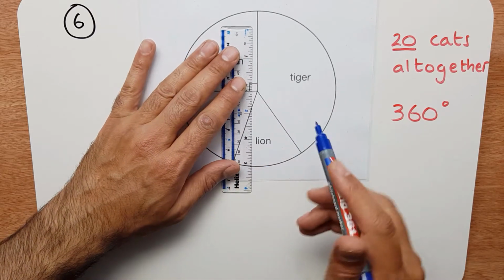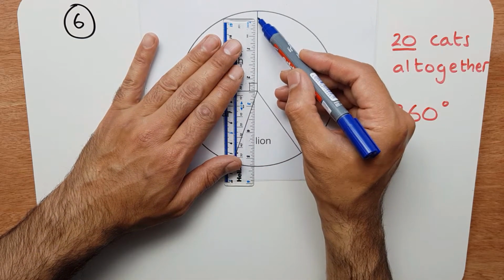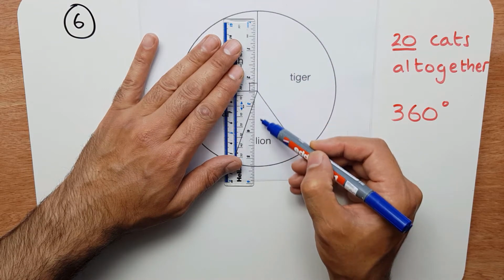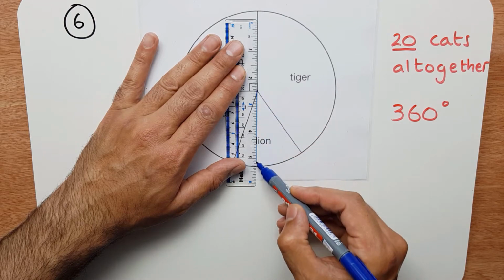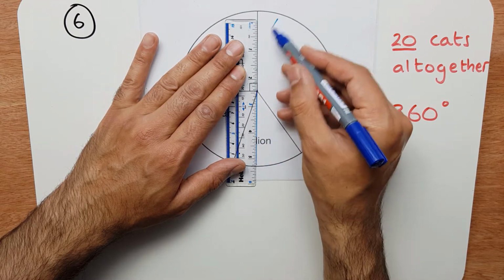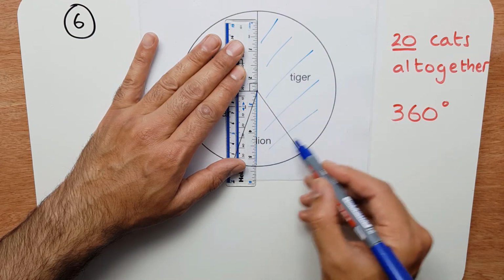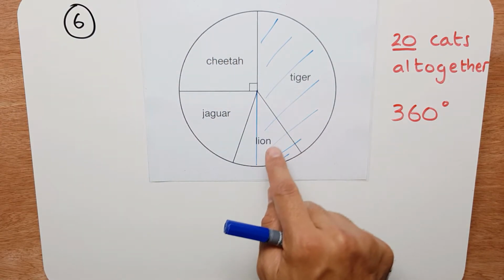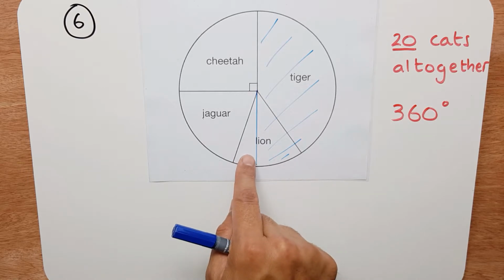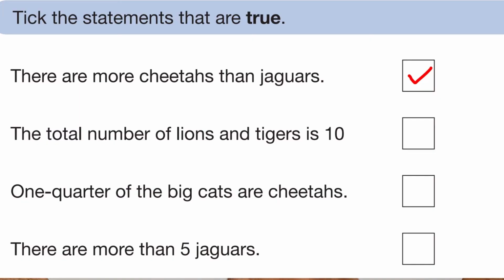One way of doing this is if I continue this line and extend it down, and this here is half a circle. Now you can see that tigers and lions together give more because there's this extra bit here. So the second statement is not true.